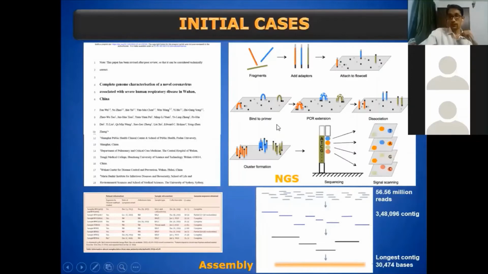A primer is bound, and a sequencing reaction occurs wherein the incoming nucleotides have four different fluorophore colors, as well as a terminator attached to them. As and when a fluorophore attaches, depending on the excitation, it is recognized which part of the flow cell is producing what kind of fluorescence, and the fluorescence is recorded at each point spatially on the flow cell.